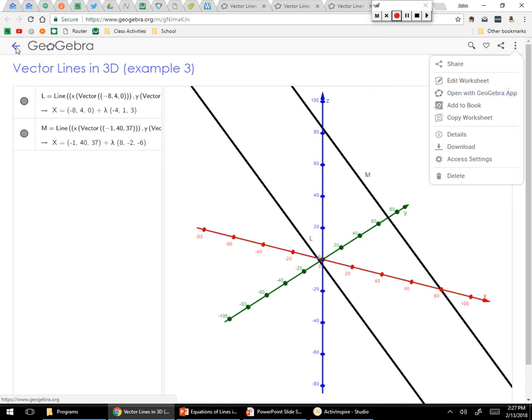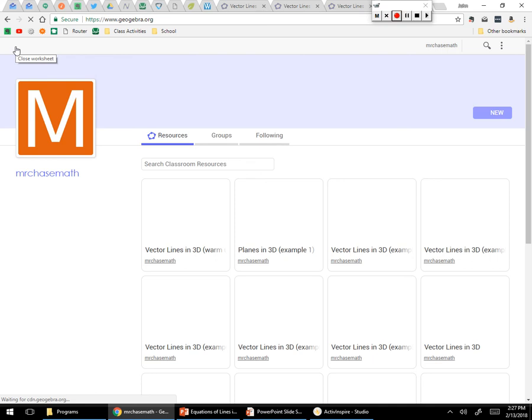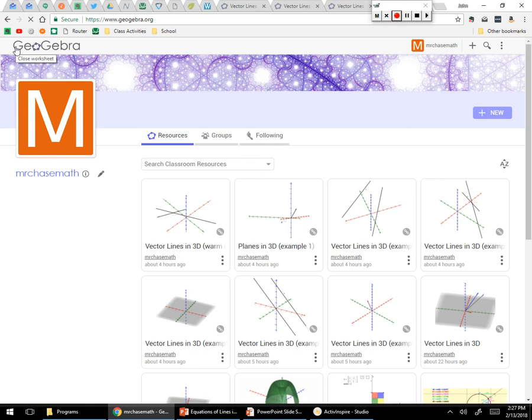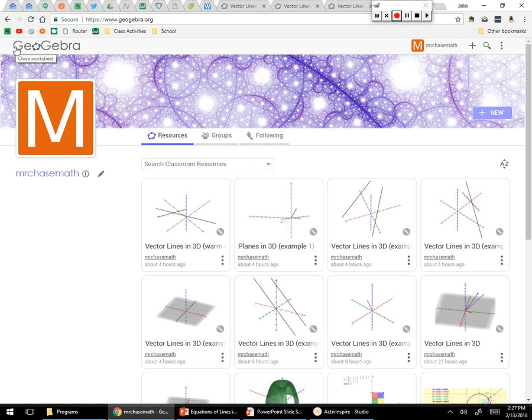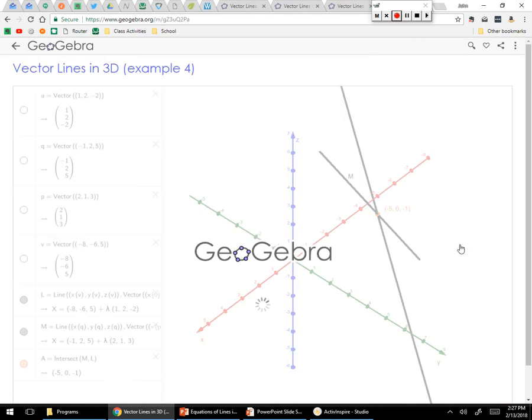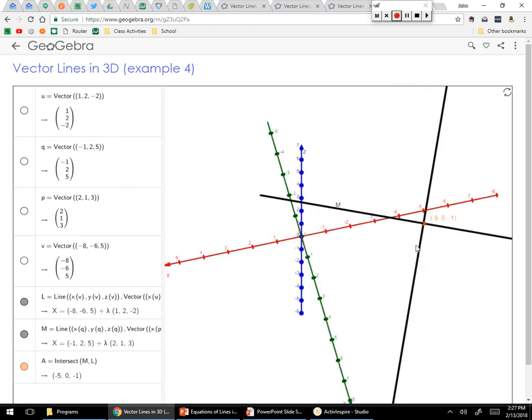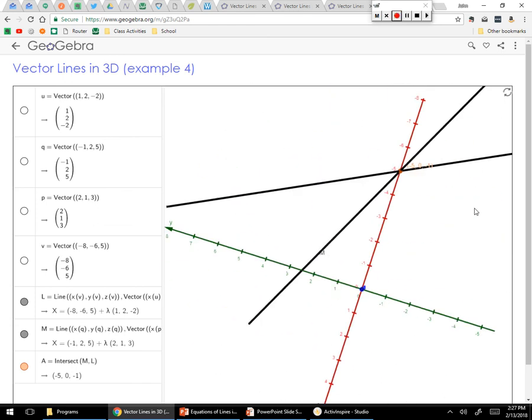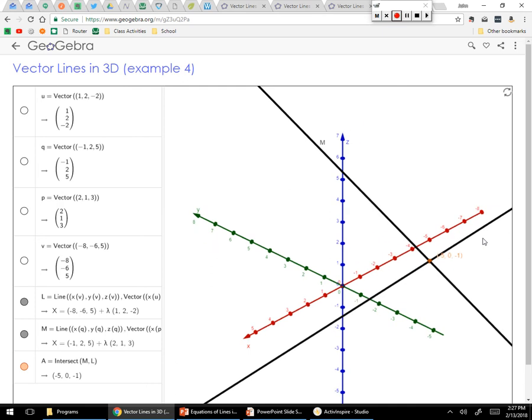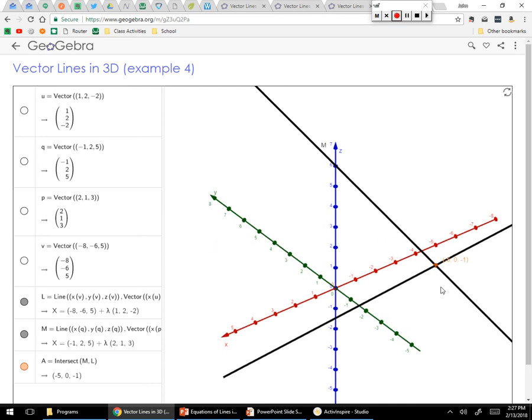How do I get my other? I think it's example 4 actually. Let me see it here. Example 4. Maybe this one here? I think this one. All right, there we go. 5, 0, -1. You can't see it, but there they are, intersecting just as we wanted them to, right there.